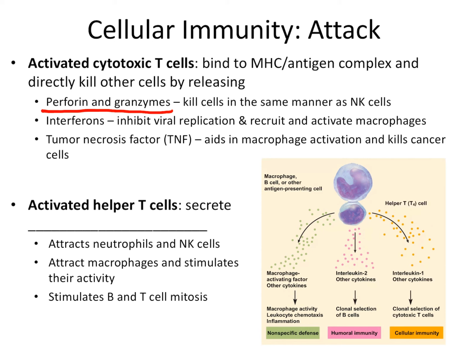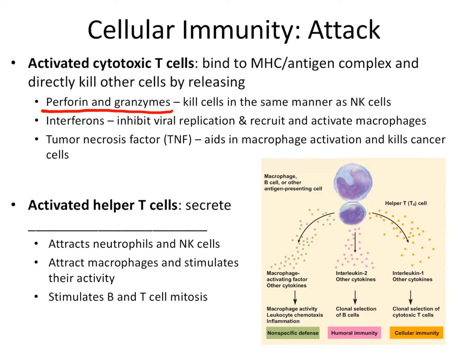We'll also see that they can release interferons as well as tumor necrosis factor. Again, interferons we've seen previously. These are going to be involved with inhibiting viral replication. And then tumor necrosis factor is going to aid in macrophage activation, and it will also be helpful in killing cancerous cells.